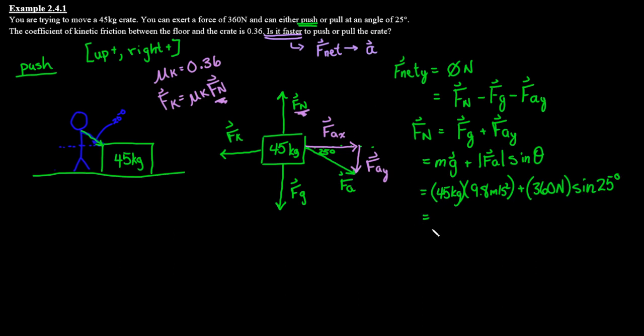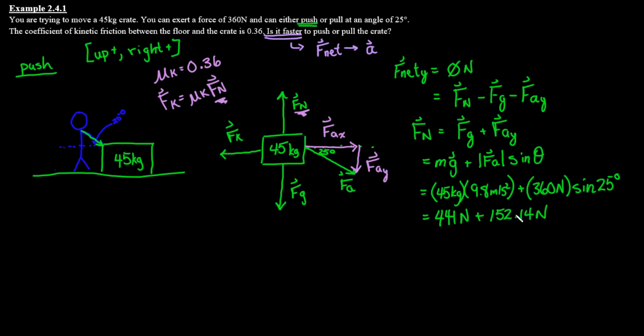Okay, and when we plug these values into our calculator, I get 441 newtons for the force of gravity, and then 360 times the sine of 25 gives me 152.14 newtons. Okay, I'm going to just carry those extra 2 decimal places because you'll see our sig figs are 2.